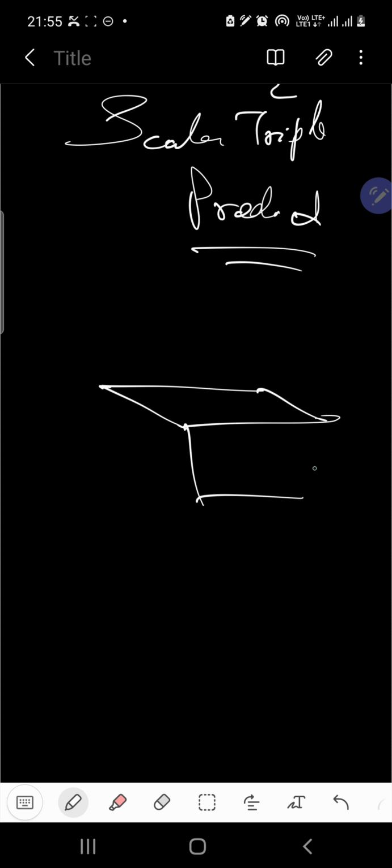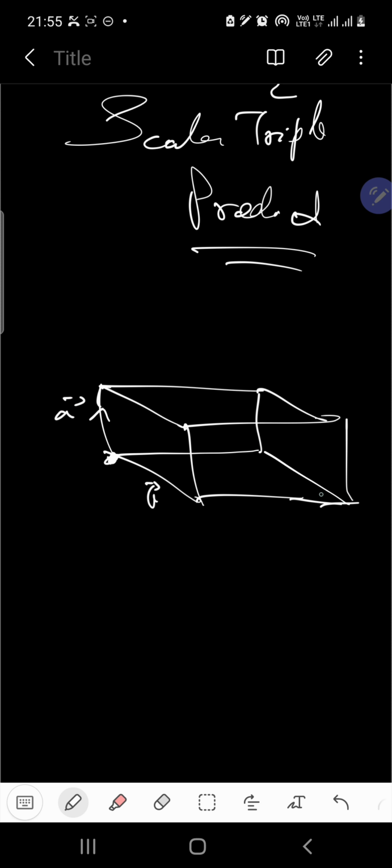You may call it a 3D parallelogram, something like that. Okay, so suppose this is the vertex, so this is b vector, this is a vector, and this is c vector. Let's see. So if this angle is theta, and say b and c have their perpendicular vector like this, that is 90 degrees to both, and this angle is, let's say, alpha.